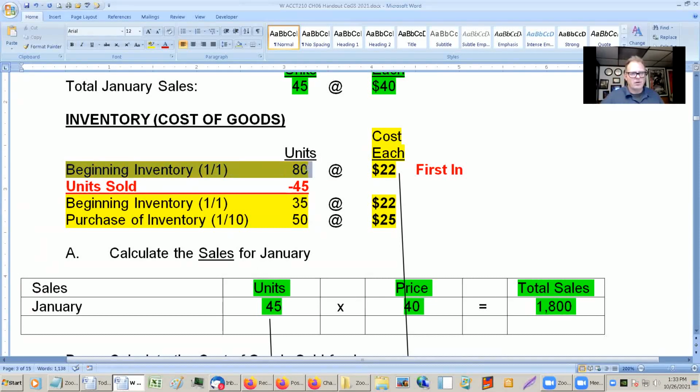We no longer have this because we sold 45 of the units. So this is what we have left. We have 35 from the beginning inventory left, 35 units. And we have 50 units still left of the purchase. We didn't sell any of those. So this is our ending inventory. This was what was not sold.